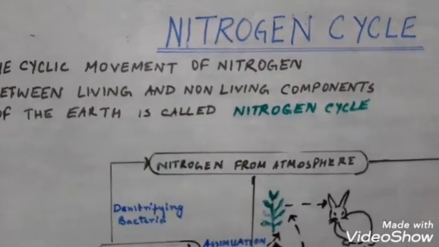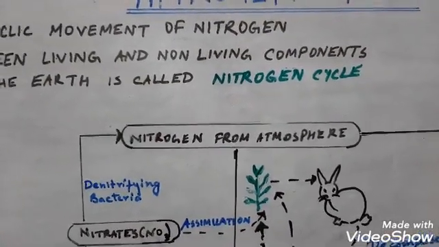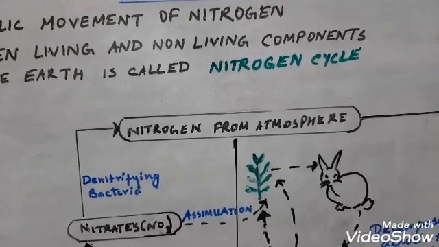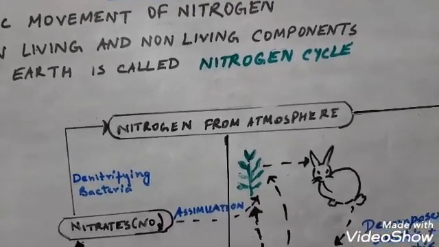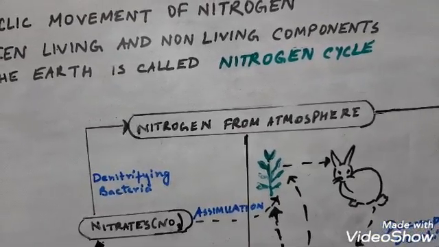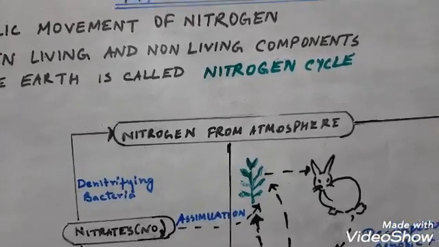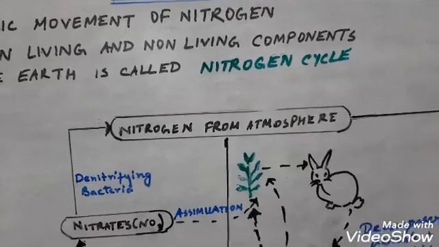So why is it important to study the nitrogen cycle? Because you know that nitrogen is a very important element in the atmosphere, which is about 78%. But this nitrogen is in the gaseous state in the atmosphere.